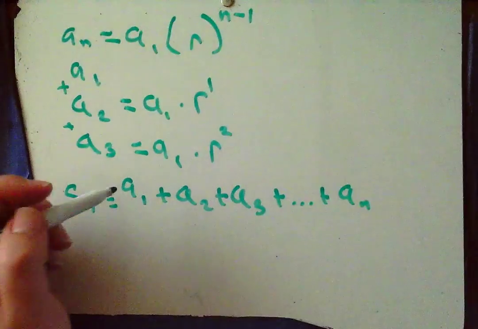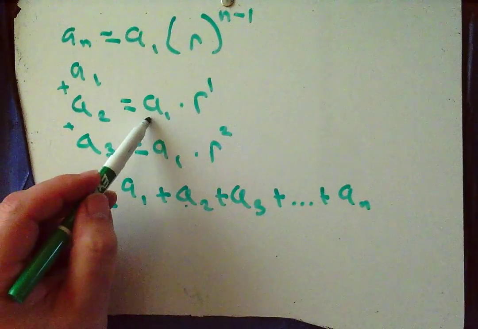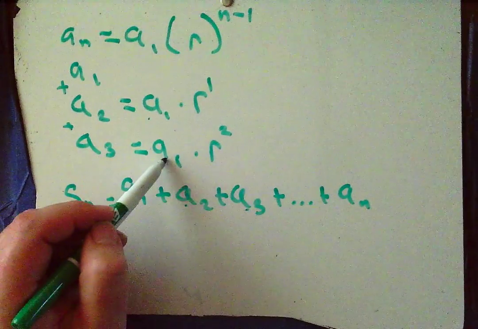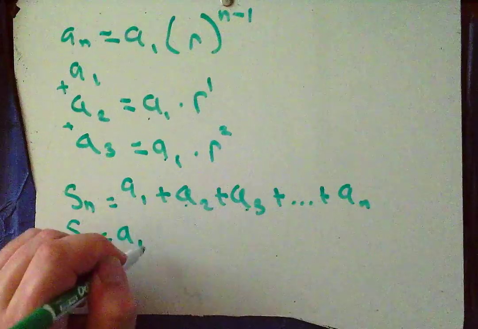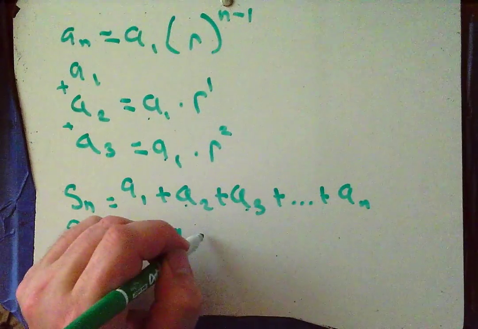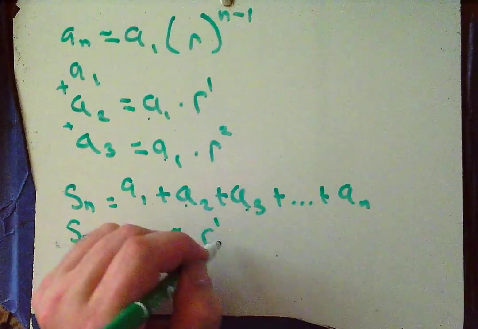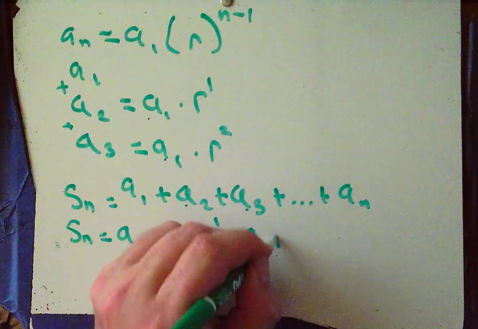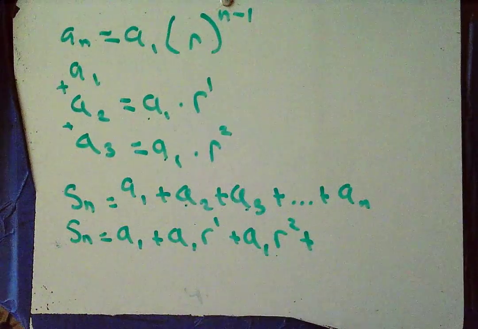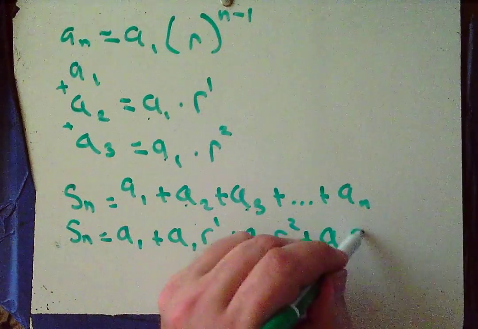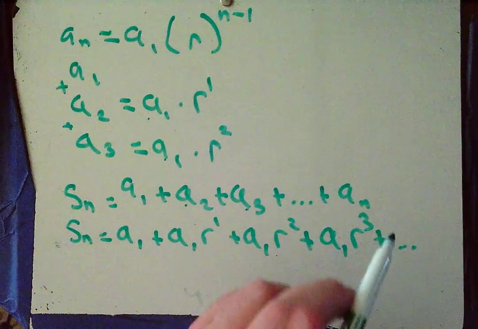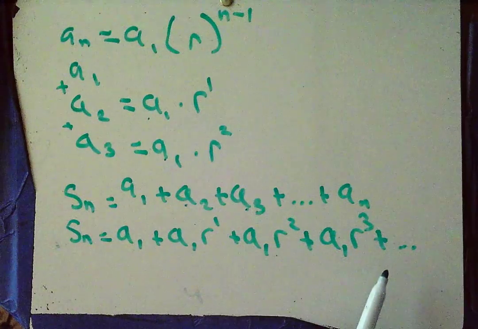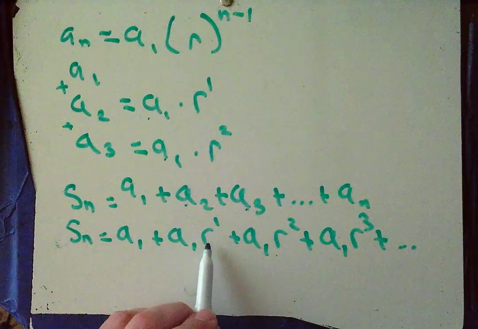But now I can replace a sub 2 with this, and a sub 3 with this. And so my new statement, S sub n equals a sub 1 plus a sub 1 r to the 1st plus a sub 1 r to the 2nd. Then I would have a sub 1 r to the 3rd, and so on, until I came out to, now notice, this is the 2nd term.